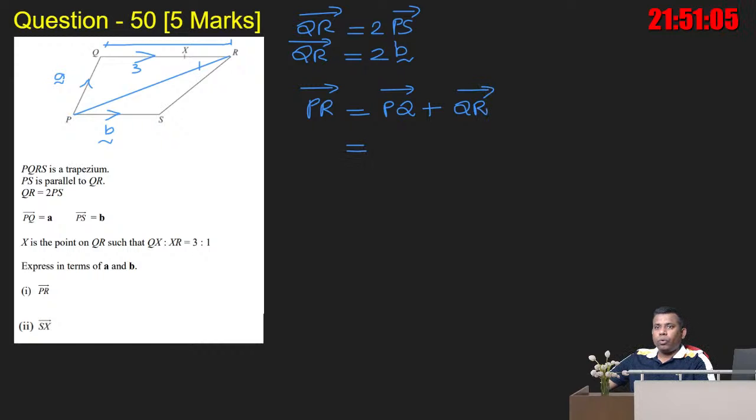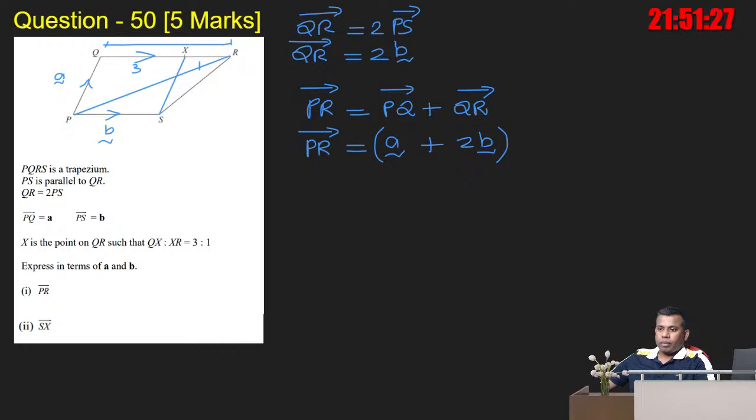So P to Q is A vector plus Q to R is 2B vector. So A plus 2B is PR, right? Now we are going to do SX, right?